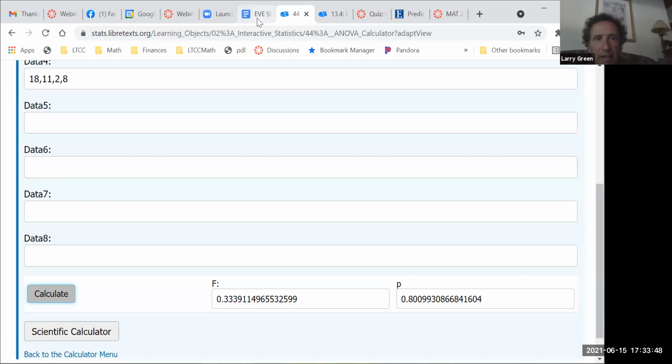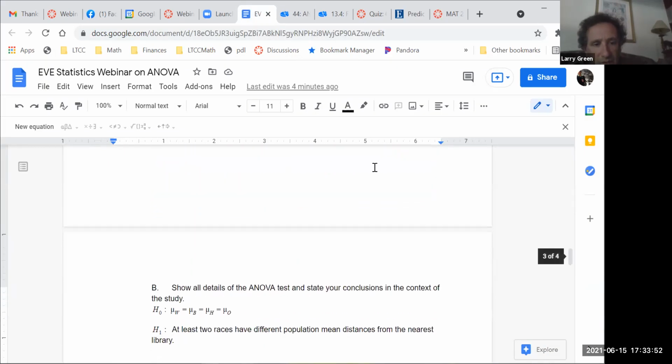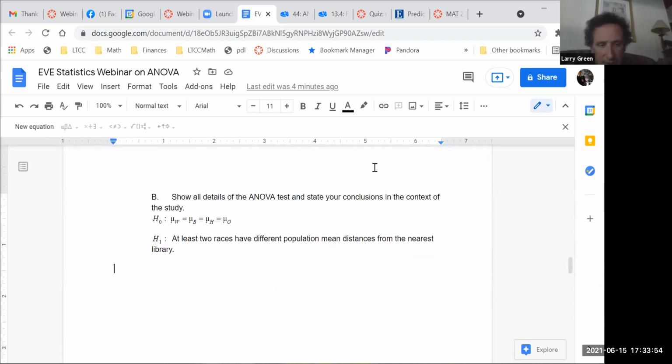Any questions on that? So the test statistic was F is equal to 0.33, and the p-value was equal to 0.8. Any questions?